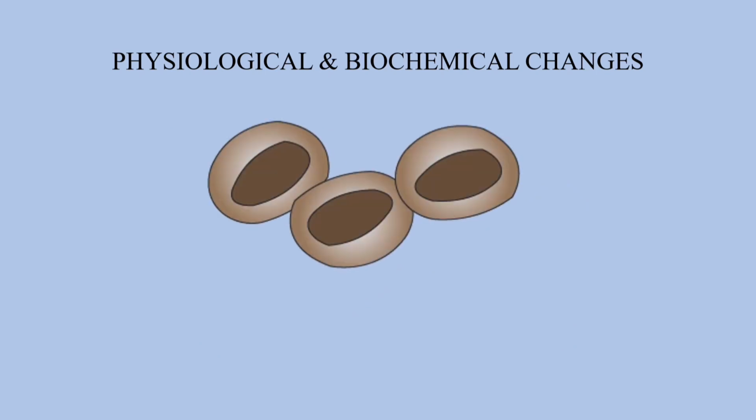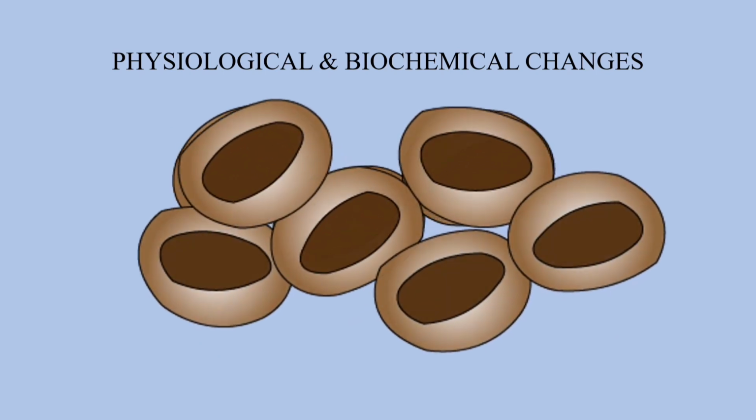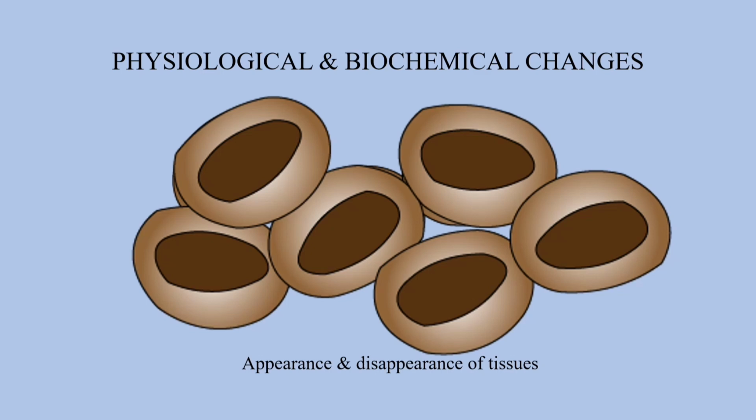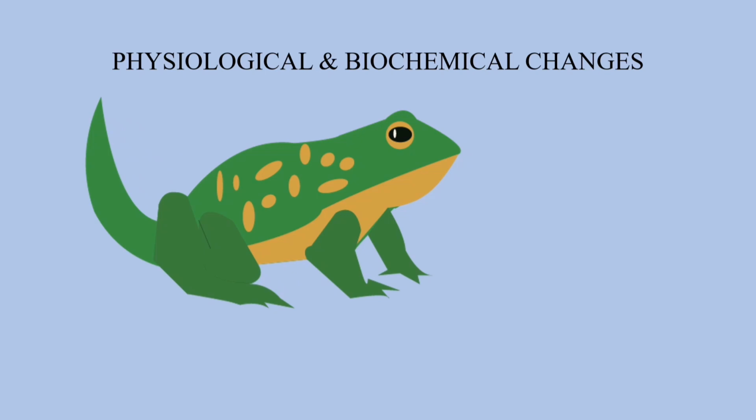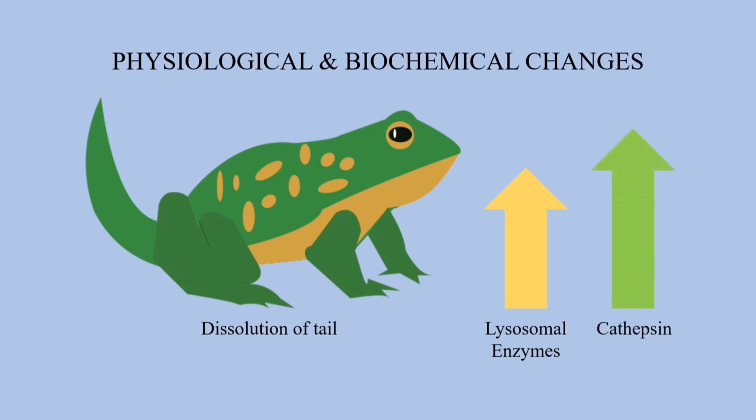Some tissues disappear and new tissues are synthesized. A number of enzymes are involved in the dissolution of tail. The enzymes increase their concentration, and the most impressive increase is shown by cathepsin, an enzyme which digests protein. Hemoglobin.